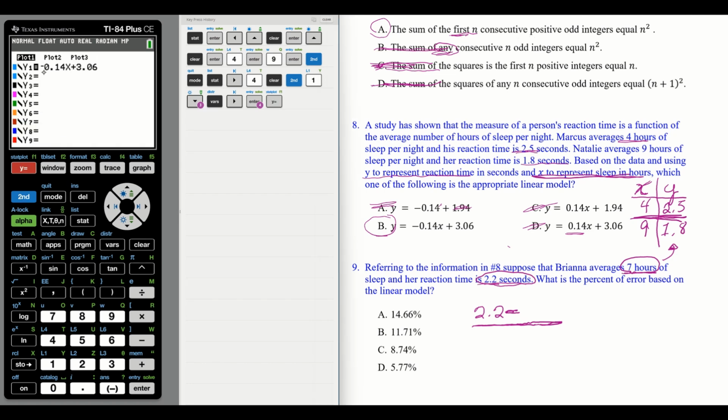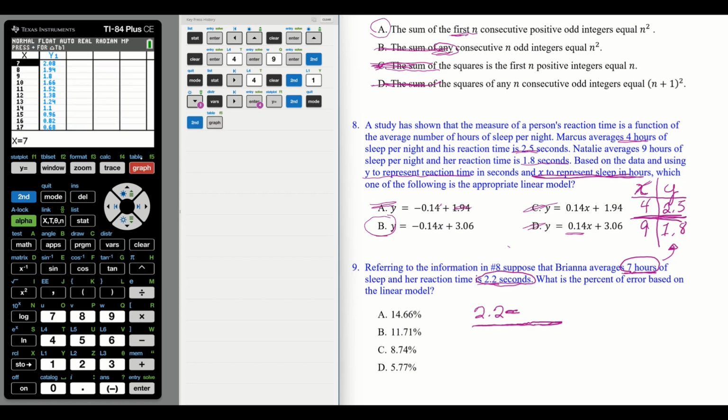Before we do that, I want you to verify that model is in your calculator. It's in our calculator because we did our vars. So now we have to back out, go second table or graph. Now it's already on 7. Let's say that it wasn't on 7.